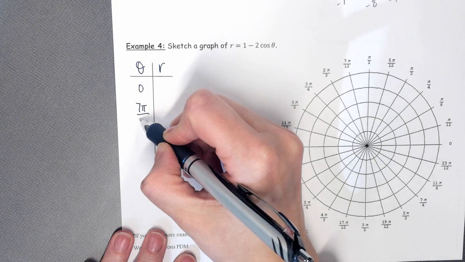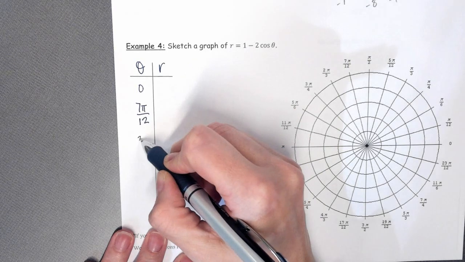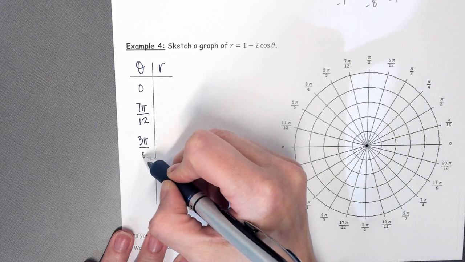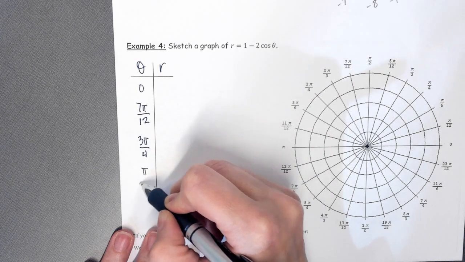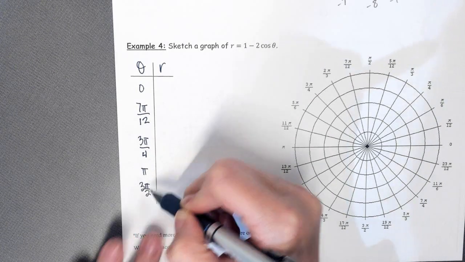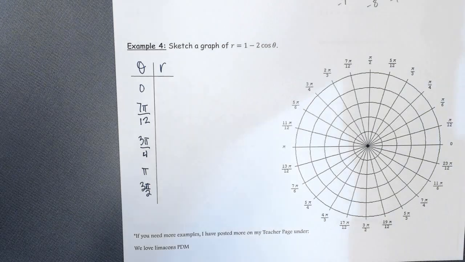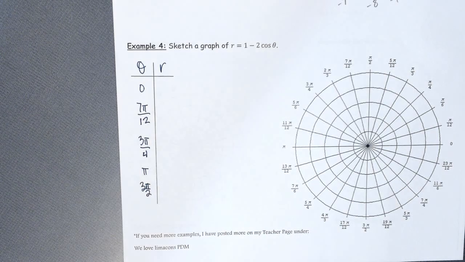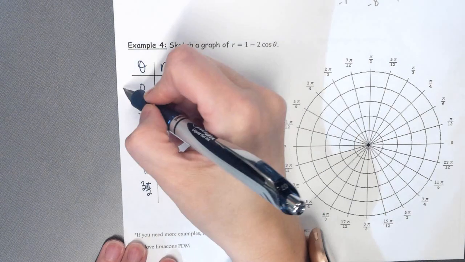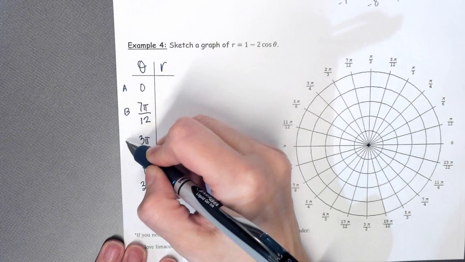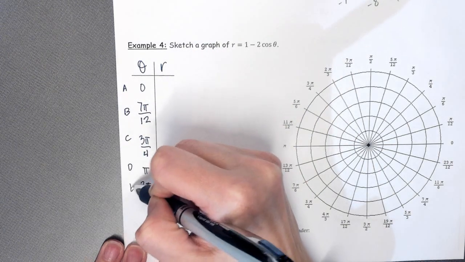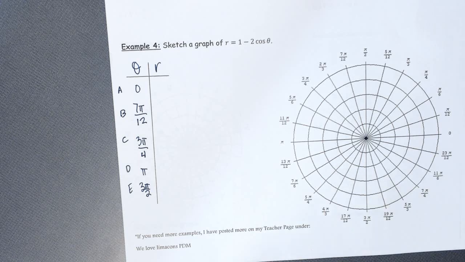And they can be any of the theta values. Okay, and then I would just ask you to label them A, B, C, D, E, and make sure that they're in the right place there.